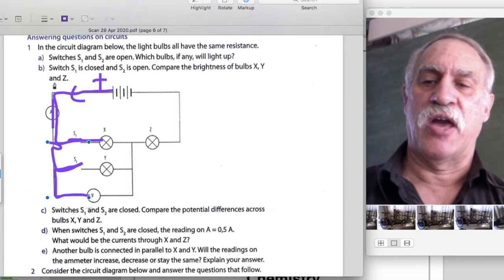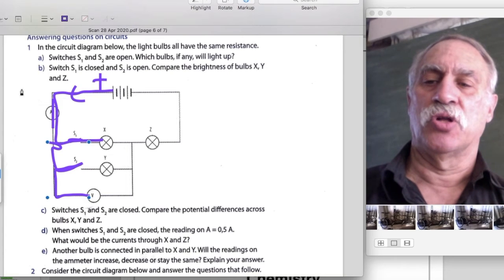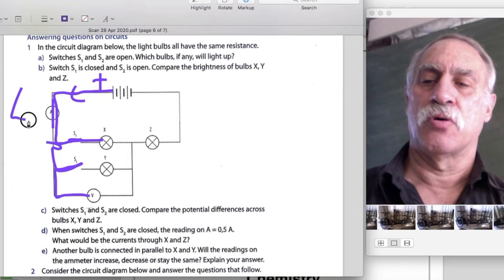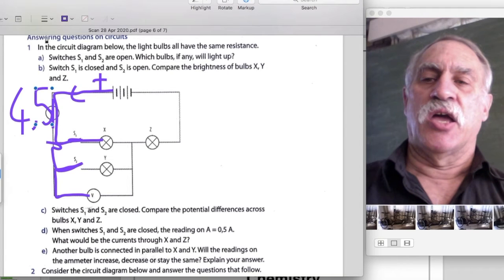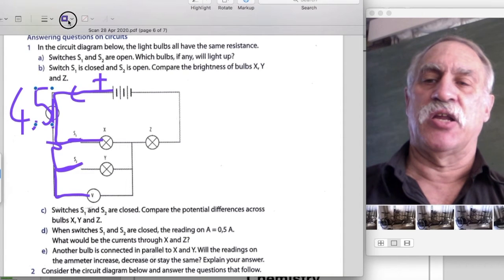All of that, where I've colored it in blue, will be 4.5 volts. It's a very good habit to get into drawing your voltages.